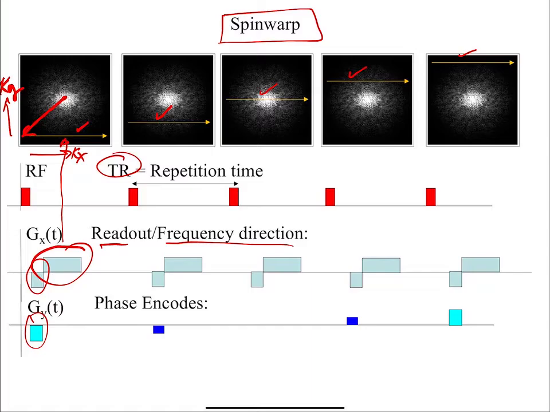The second time, you notice this is a little smaller in amplitude, so it doesn't take me as far out in the ky direction. But after I'm out there, the readout gradient does the same thing. So the readout gradient is the same for every rep, and it's only the phase encode that's changing.